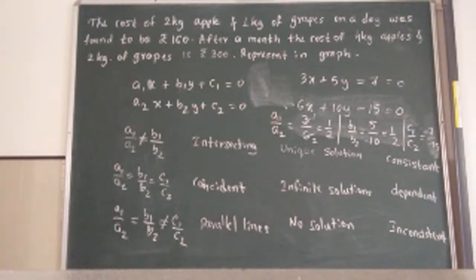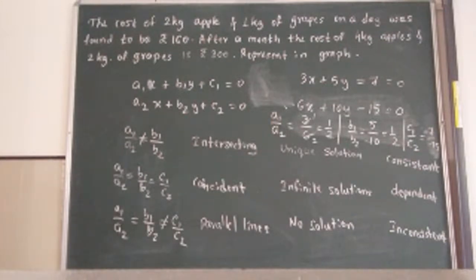And dependent means how many solutions are present? 1, 2 or many. For dependent lines, the number of solutions we get is many, also known as infinite. If the pair of linear equations is inconsistent, then they do not have any solutions, and they are known as parallel lines.